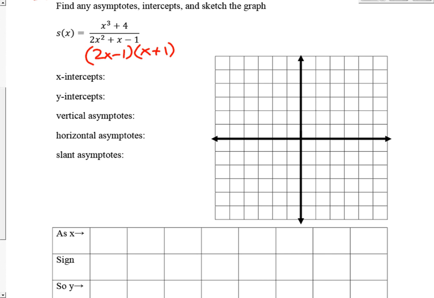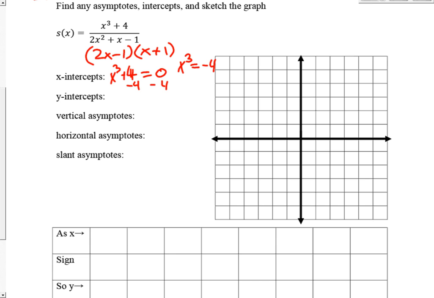are when the numerator is equal to 0, right? So I need to set x cubed plus 4 equal to 0. The only way to solve this is the regular solving of an equation. So I'm going to subtract the 4. I get x cubed equals negative 4. I have x cubed.